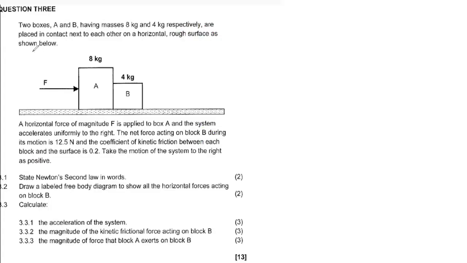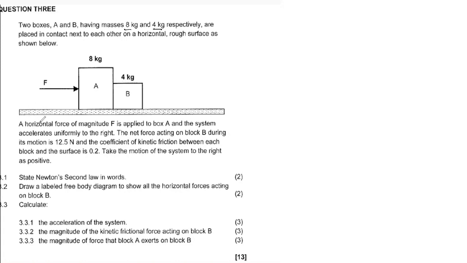Okay, so we have question 3 on Newton's second law, and it says two boxes A and B having masses 8 kg and 4 kg respectively are placed in contact next to each other on a horizontal rough surface as shown below. Then we can see the diagrammatic representation of that.